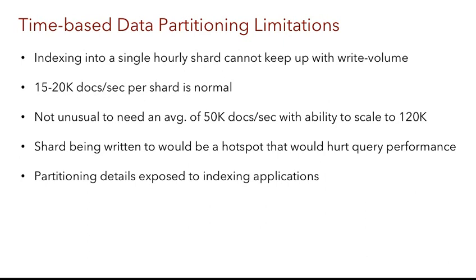I do a lot of work in this area around SolrCloud and benchmarking, and 15 to 20,000 docs per second per shard with replication is normal, and maybe even a little better than normal, right? So if you got that without doing much tuning on decent hardware, that would be good, and that's about all you can get. The problem is if you're doing billions a day, on average that's like 40 to 50,000 docs per second, if you're doing 40 billion per day.